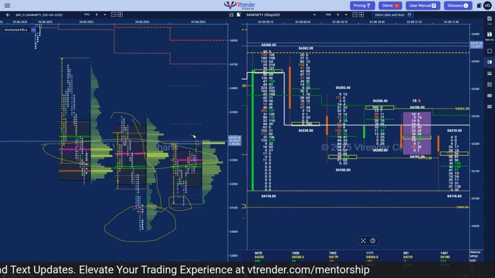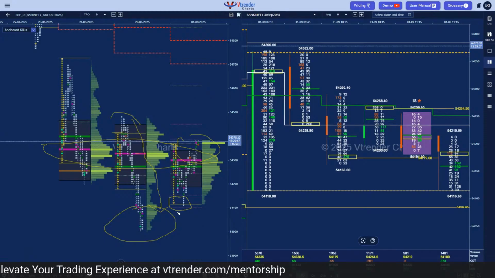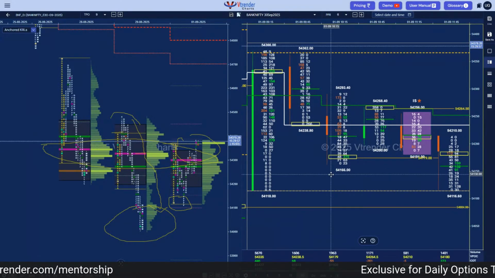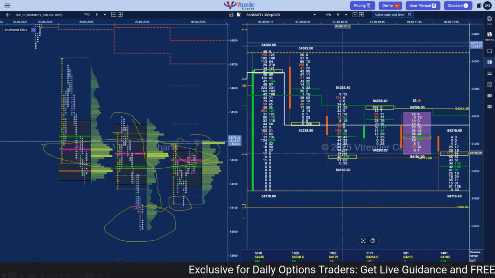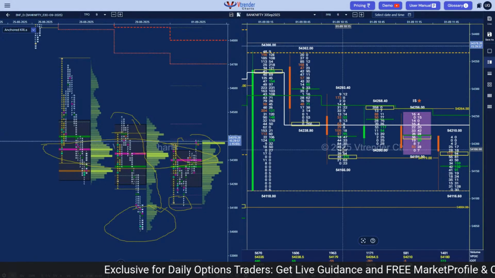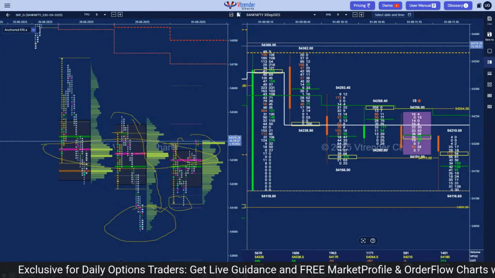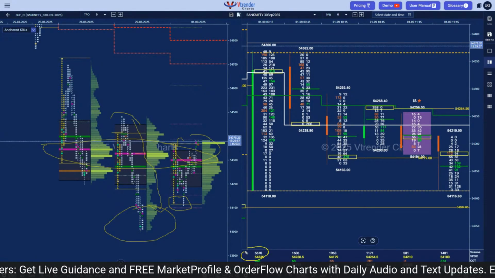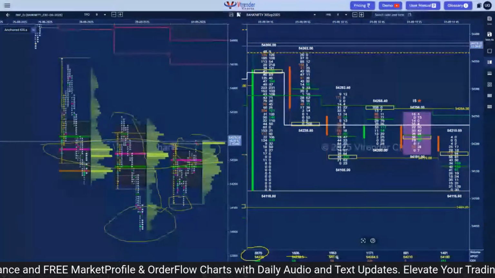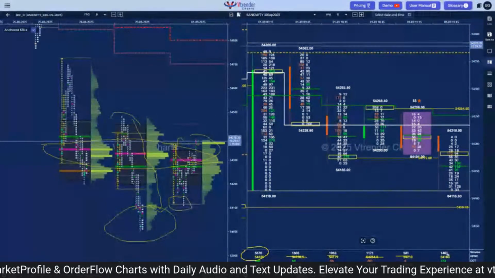And into the close, we went on to confirm the failed auction, but it is a very minute case because we didn't have a big close above the IBH also. So we will have to wait for the volumes to show up. You can see how the volumes came down drastically after the A period. Volumes were very low. In fact, it went to 581.